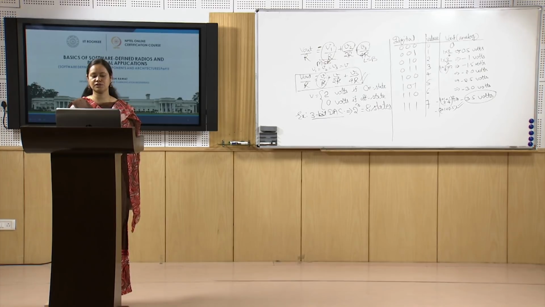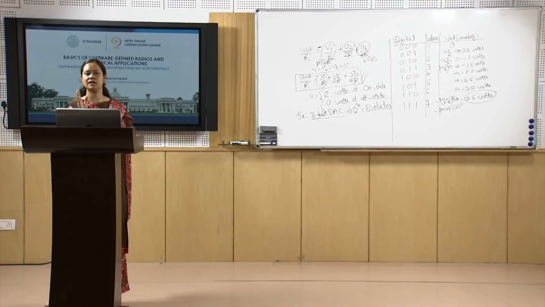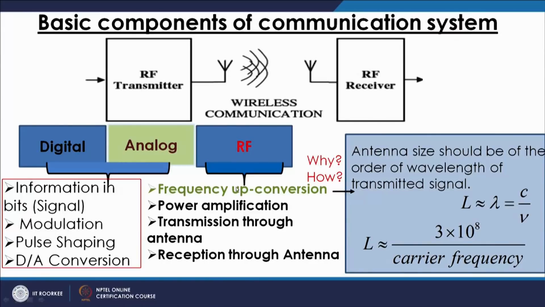Now in the series of this digital to analog conversion, our data which we have with us is in the analog domain and its frequency is still near 0. Now the next step is actually frequency up conversion. So if you look here, why it is required and how we can do this. So frequency up conversion is related to the concept of antenna size.